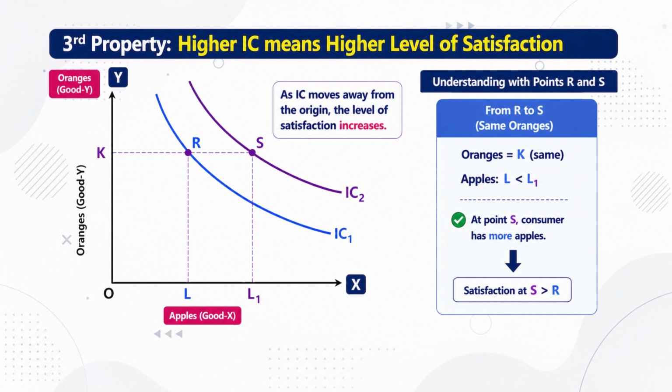At both points, the consumer has the same quantity of oranges. However, at point S, the consumer has more apples than at point R. Therefore, point S gives the consumer a higher level of satisfaction than point R. The reverse situation is also possible. Therefore, an indifference curve farther away from the origin represents a higher level of satisfaction.